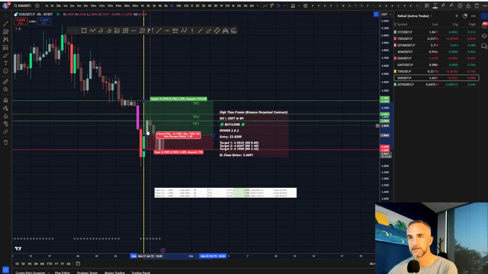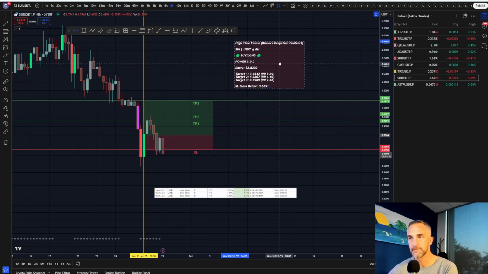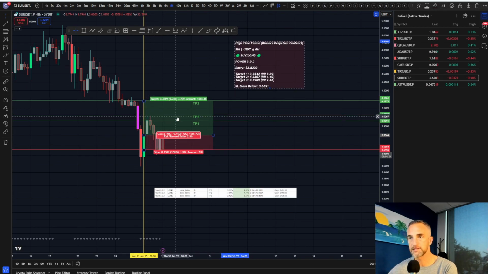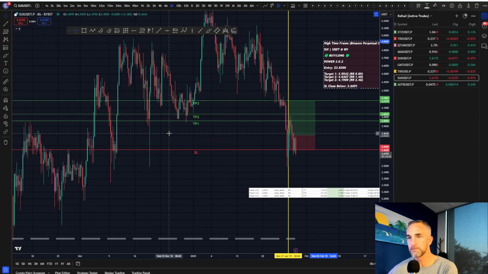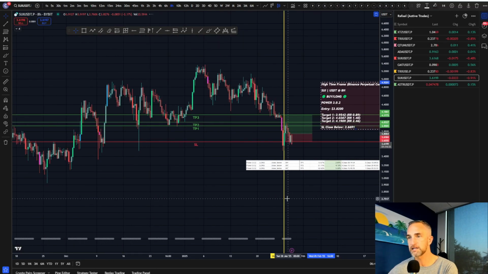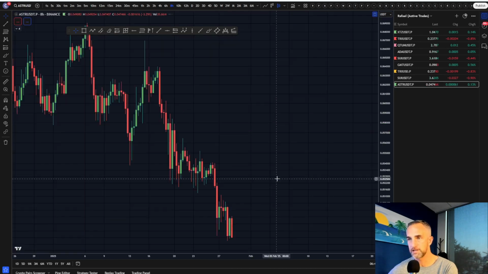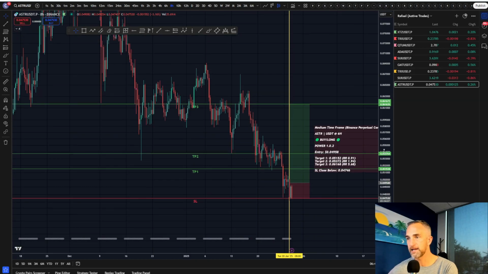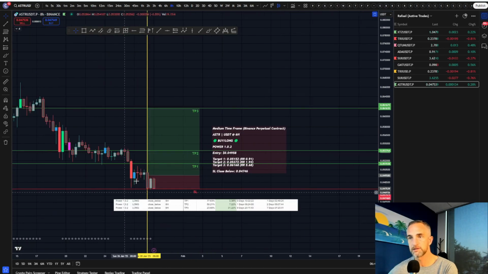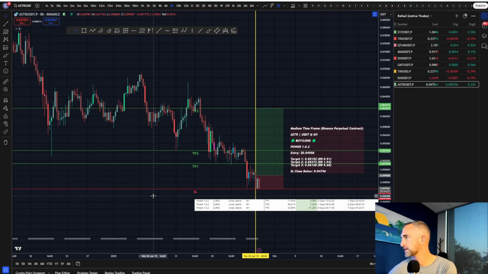So you would have hit TP1 and almost to TP2 and now stopped out. But this is one of the ones where I do believe you could see it come back. Gosh, Sui is really taking it on the chin here. ASTRO also getting stopped out, but could potentially come back.